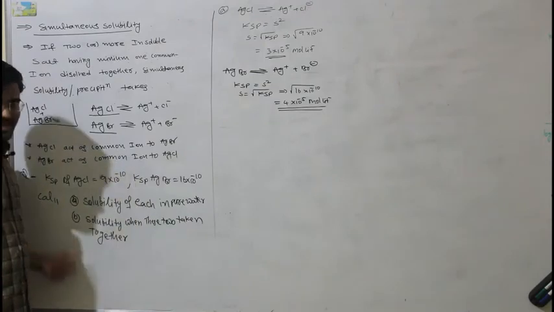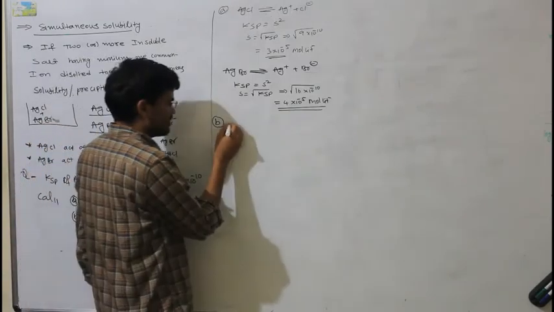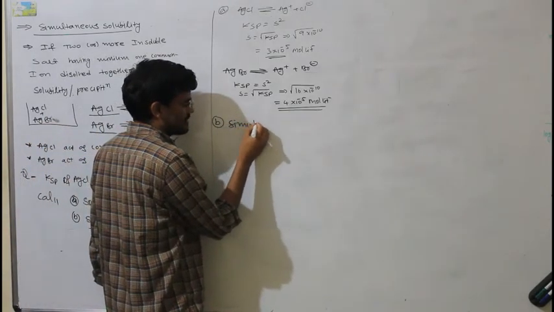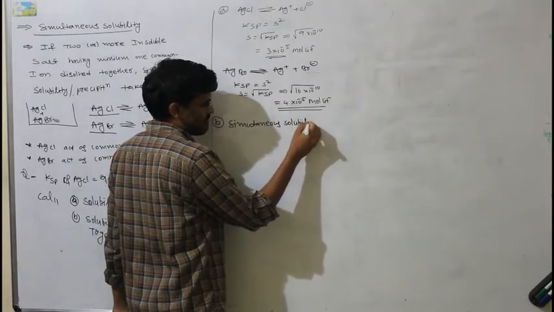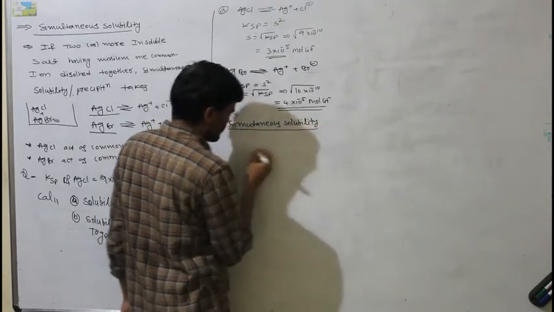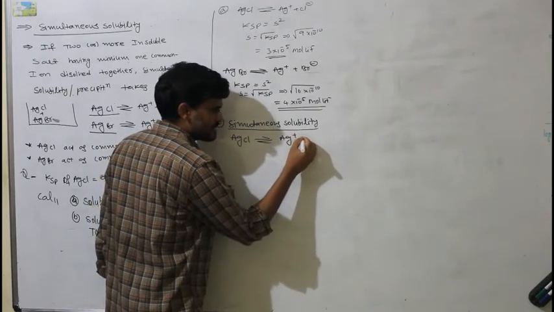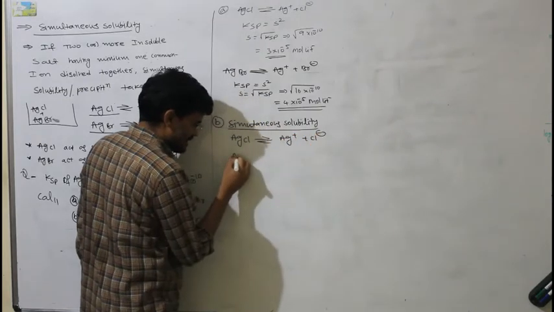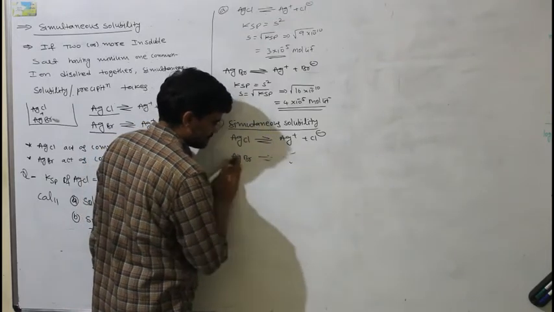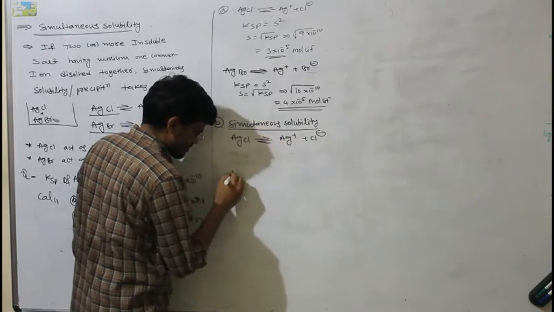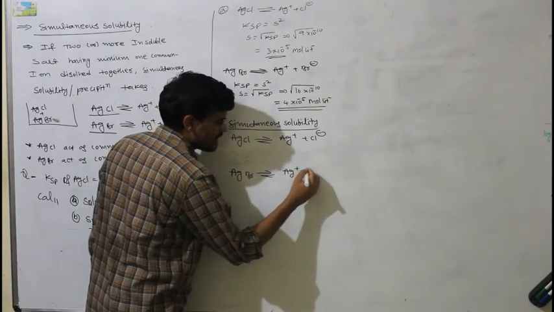But we need only simultaneous solubility. Now see the second one, which is based on simultaneous solubility. So both we are taking together. AgCl splits into Ag plus and Cl minus. AgBr splits into Ag plus and Br minus.